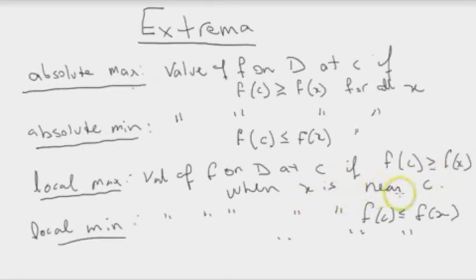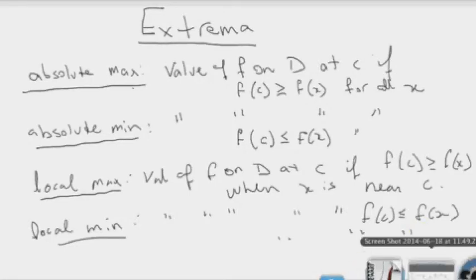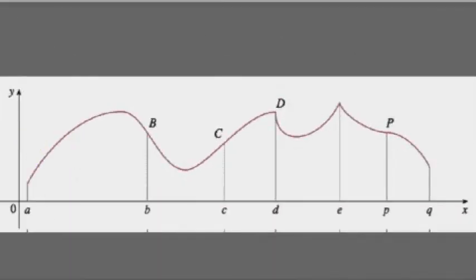And that near can be a kind of elastic term, and I'll show you what I mean by near, and I think you'll get a conceptual idea about what that is when we look at a graph. And a local minimum is the same deal, but when f(c) is less than or equal to f(x). So let's go over here and look at a graph and figure out what all of these things are.